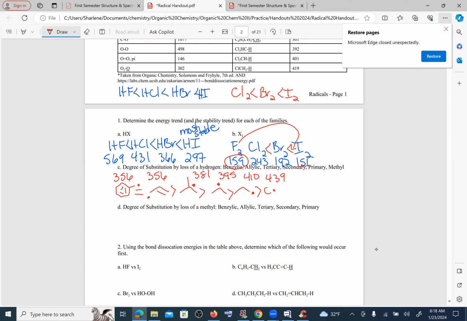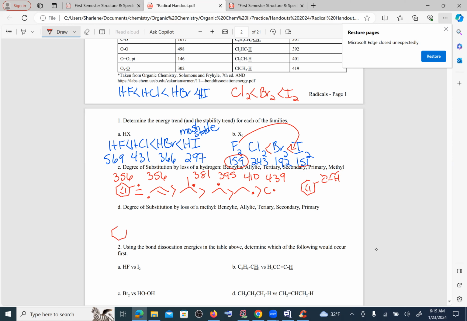But my next question is, what if I remove a carbon? So this one specifically was only removing a hydrogen to get that radical. What if I actually broke a carbon-carbon bond to make that radical? So let's try it again.